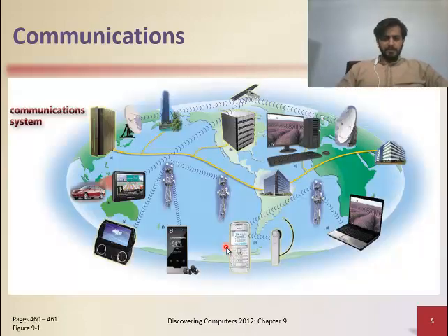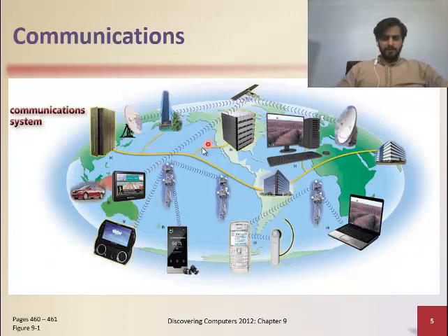Here's one of our examples of a communication system, and you see a lot of devices and computers available. We have a mobile phone also in this diagram, and a lot of communication standards are working in this diagram.